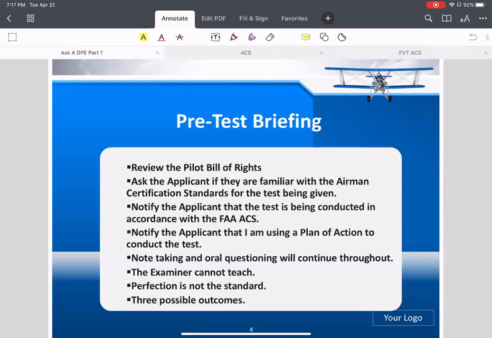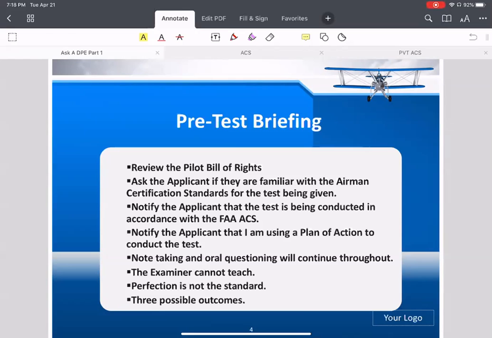And that's one of those things that if you are being tested, you want to know what your tolerances are. For example, if it's 100 feet plus or minus, when you get 50 feet off an altitude, you know, I better correct, because I still have room to correct before I get out of standards.